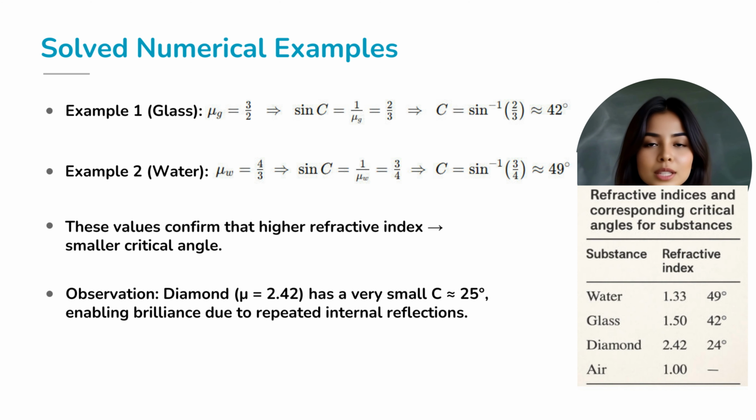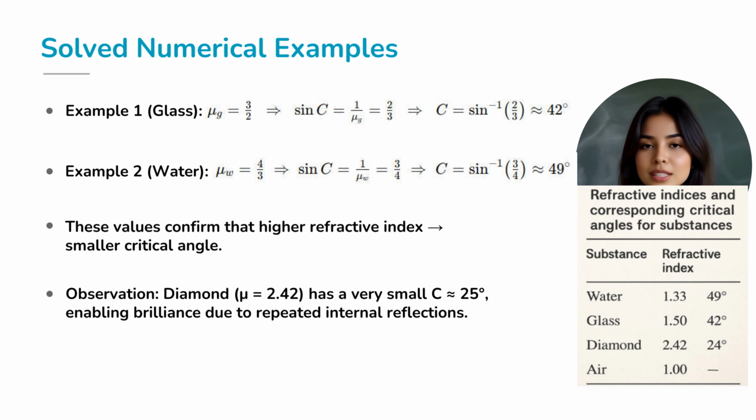Let's test this relation with some examples. First, consider glass. If the refractive index of glass is 3 by 2, then from the formula, sin C equals 1 divided by μg, that is, sin C equals 2 by 3. So the critical angle, C, is about 42 degrees. Now for water.